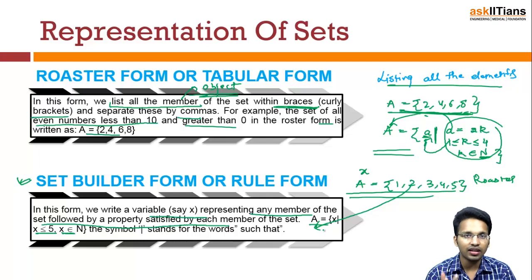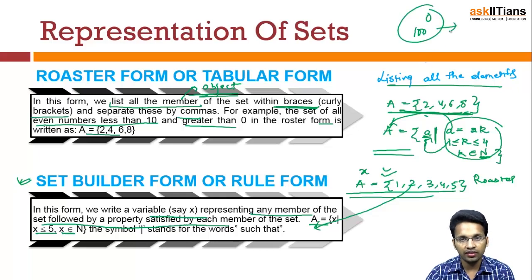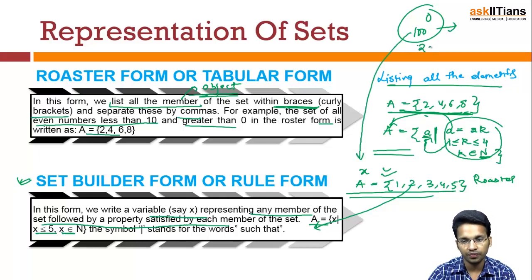When the elements are few, the roster form is quite good. But if I say write the even numbers less than 100 and greater than 0, is it worthy to write 50 elements? No, not at all. That is too cumbersome. So the statement remains the same, and you can write 2x, elements of A, where x is between 1 and 50, and x belongs to natural numbers.